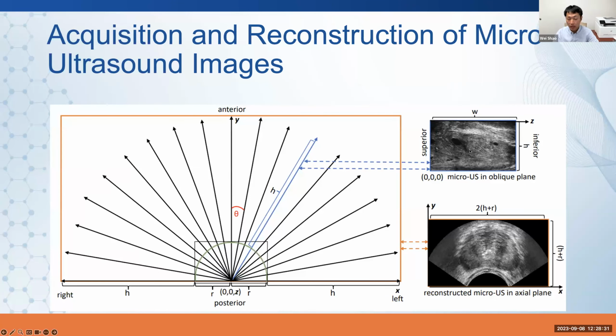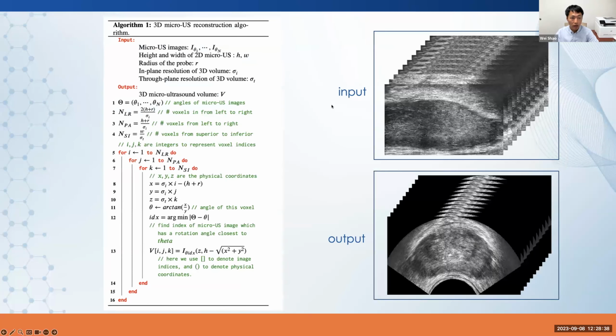That's how you get the exact intensity for every point in this axial view. So this gives you the algorithm, but the conclusion is that you input a sequence of slices, and the algorithm will be able to reconstruct high quality micro-ultrasound images in the axial view.